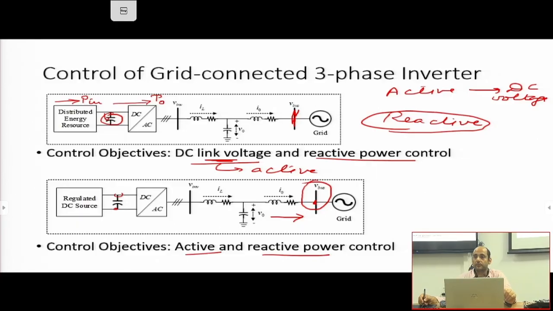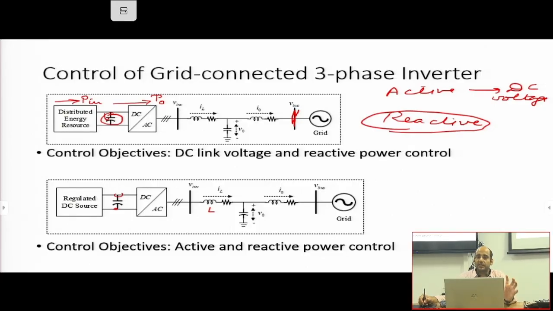Now, usually when you talk of an inverter, let's say like this, in the LCL filter the first L is the main filter. The second one is called a coupling inductance. This is usually smaller in nature, so the drop in this RL pair is very small.